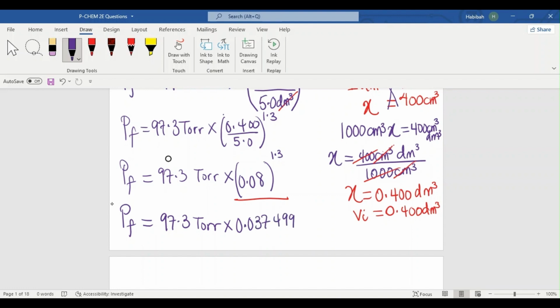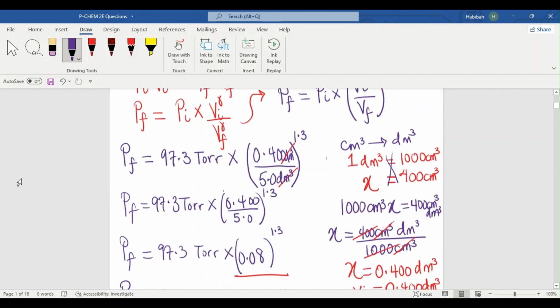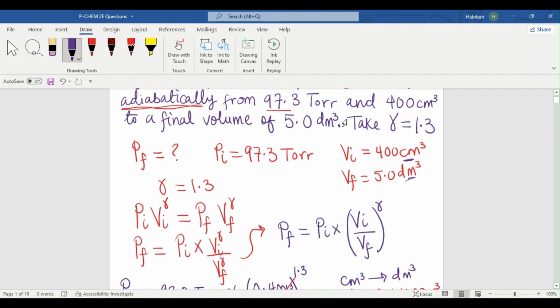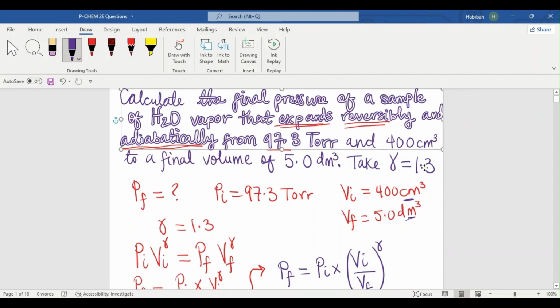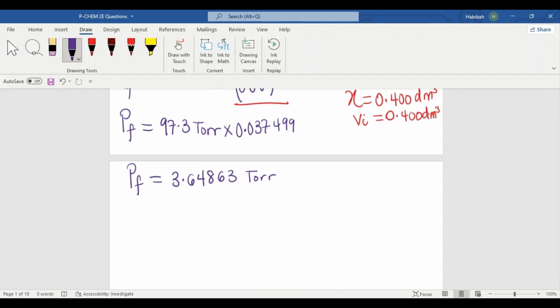Of course, you multiply both 97.3 torr times 0.037499. So P final becomes 3.64863 torr. And of course, we see that our question has 5.0 and 1.3. We see that the lowest number of significant figures is two significant figures in this question. So we're going to deal with this question up until two sig figs.